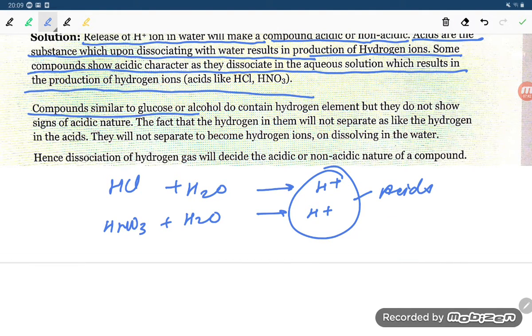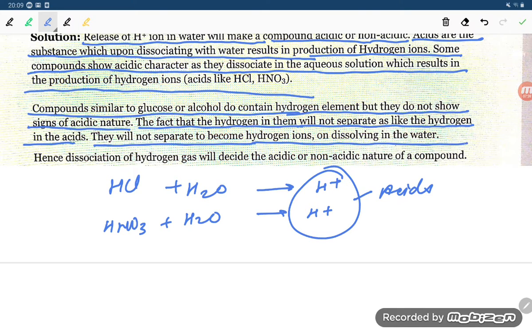Compounds like glucose or alcohol do contain hydrogen, but they do not show acidic nature. The hydrogen in them will not separate like the hydrogen in acids; it does not become hydrogen ions on dissolving in water. Hence, the H plus ion will decide the acidic or non-acidic nature of the compound.